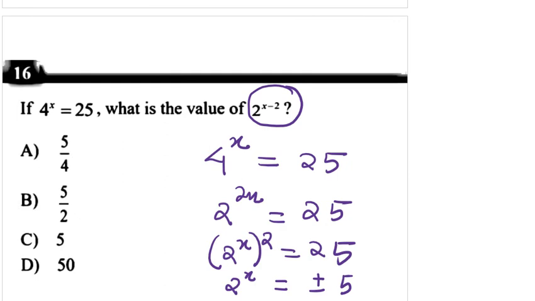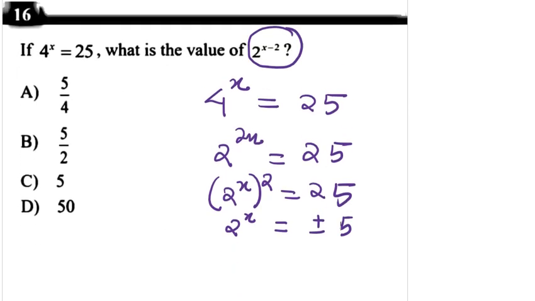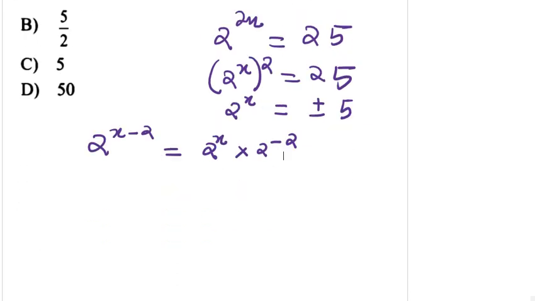Alright, now 2^x is given to us. Now let's go ahead and find this value. So either plus or minus. So 2^(x−2) will give me 2^x times 2^(−2). So if I put 2^x as 5, then what do I get?